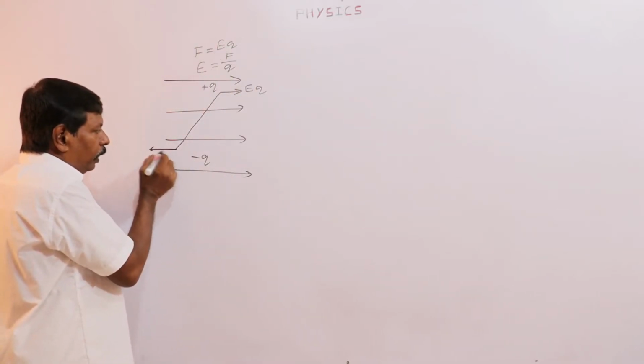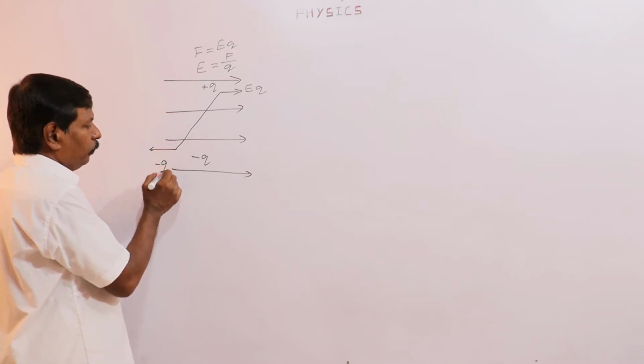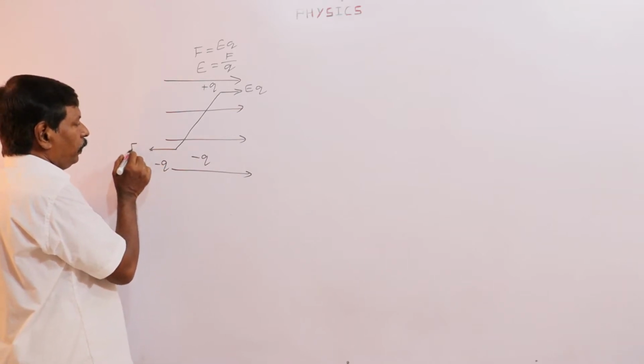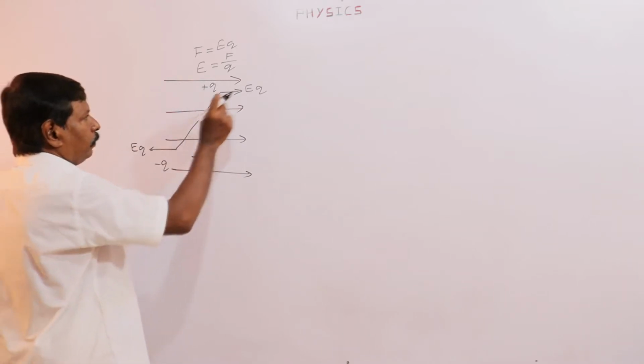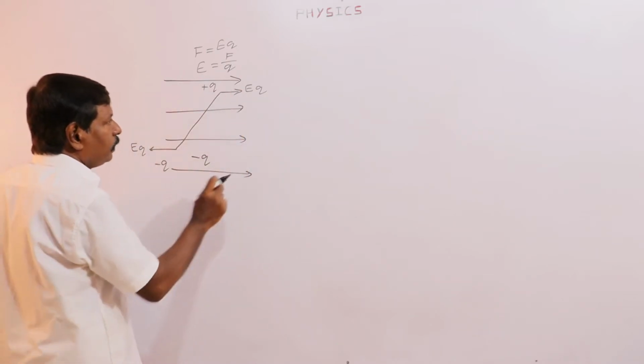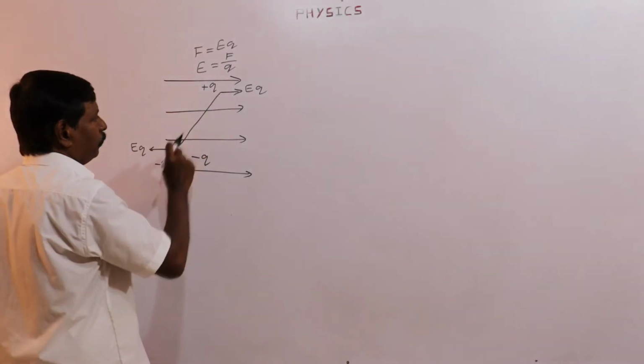Here we keep the other charge, the negative charge, minus Q. The force experienced by the negative charge is also EQ. The magnitudes of the two forces are equal because the electric dipole is kept in a uniform electric field, but they are in opposite directions.